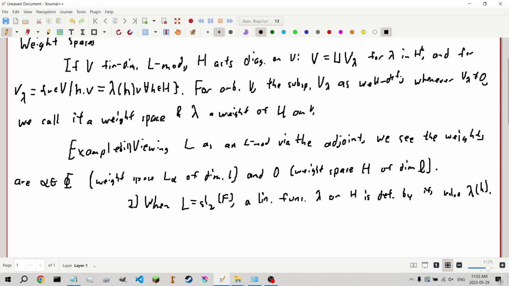Now, in the infinite dimensional case, V may not be the sum of its weight spaces.